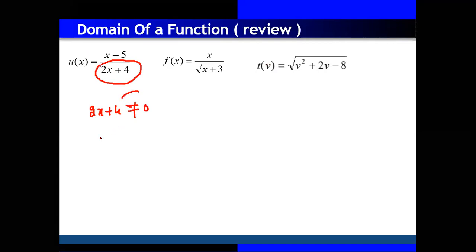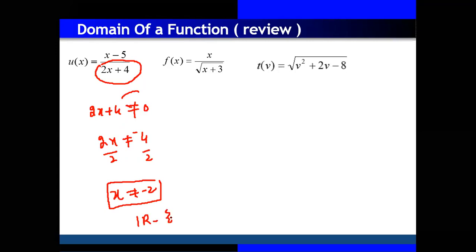Transfer 4 to the other side, we have 2x not equal to minus 4, and then if you divide both sides by 2, x is not equal to minus 2. So all real numbers except one value, that is minus 2. Only minus 2 is not possible in the domain of the function.